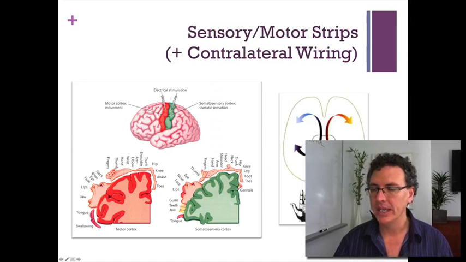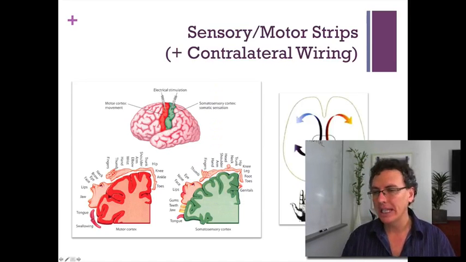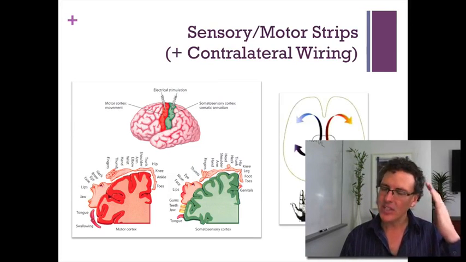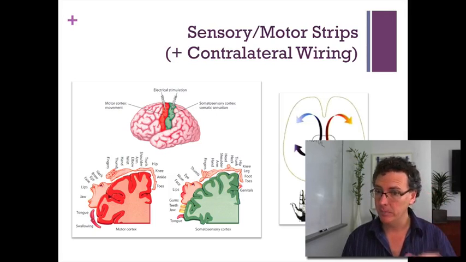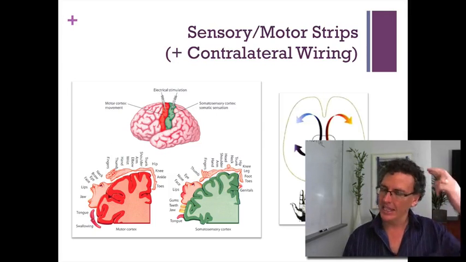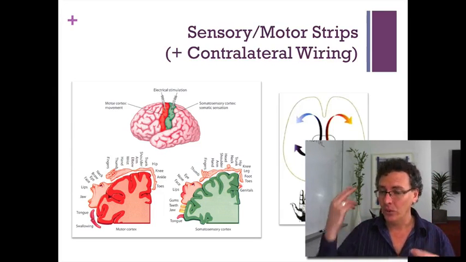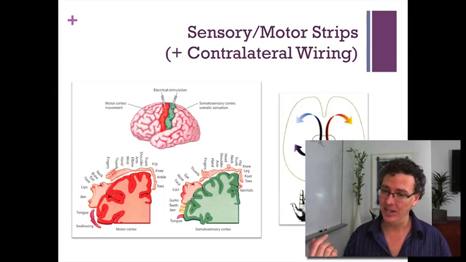Now, I want to make a second point that I didn't make previously about the lobes, and that has to do with what's called their contralateral organization. What that means is the following. The left side of our brain, when it comes to both these sensory and motor strips, maps onto the right side of the body, and the right side of the brain maps onto the left side of the body.